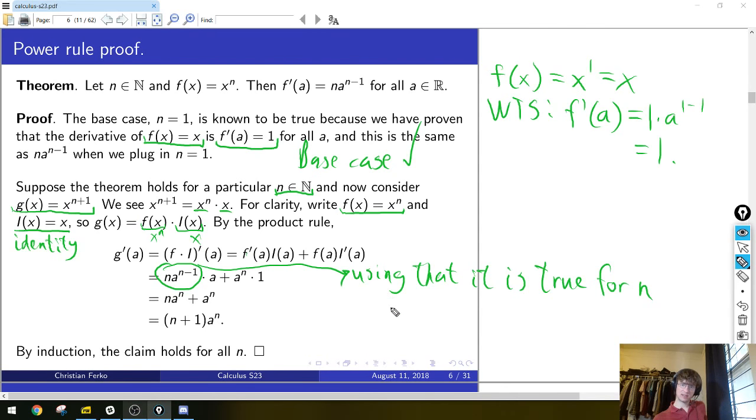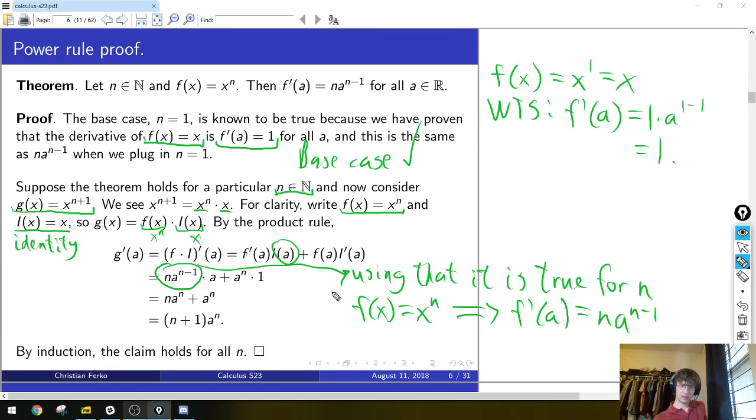If the theorem holds for a particular n, that means if f of x equals x to the n, we are allowed to use the assumption that f prime at a equals n a to the n minus 1. So we're assuming it's true for n and trying to prove it for n plus 1, and this is where we use the assumption that it's true for n. So that's where we use the inductive step.